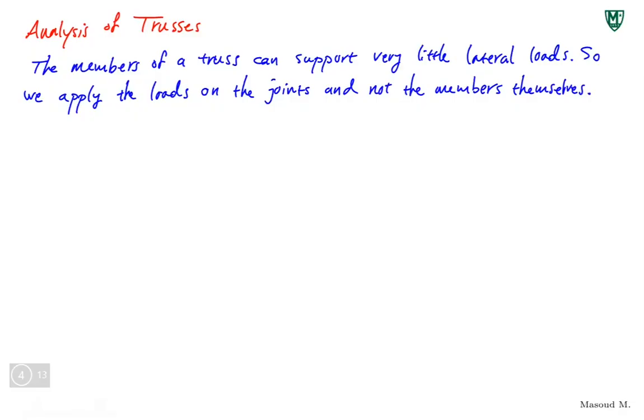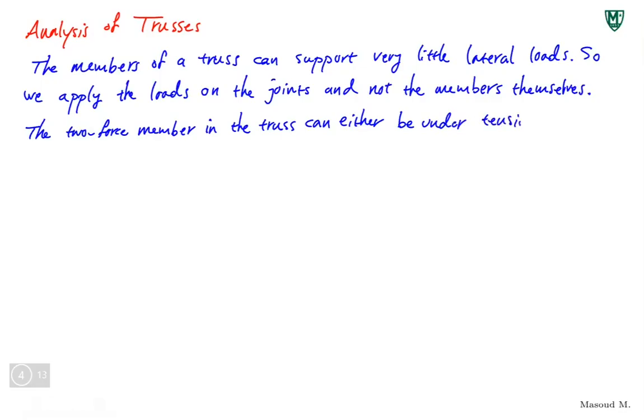Let's put it this way. So since it's a two-force member, let me write it here. The two-force member in the truss can either be under tension or compression. As I said, tension, let's write tension or compression.